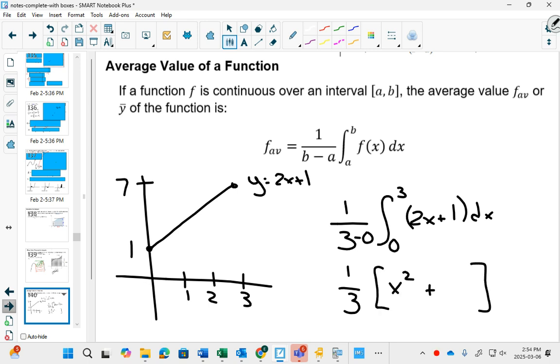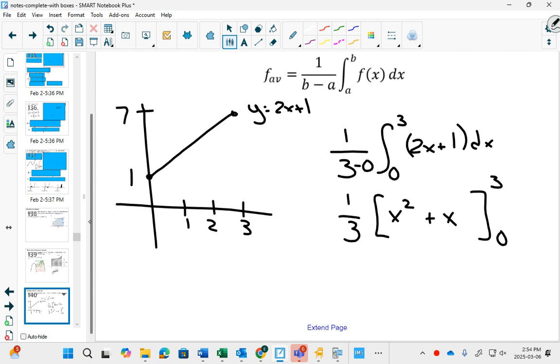This will be x squared plus x from 0 to 3. If I plug in 3, and plug in 0, again, it's really nice. 9 plus 3 is 12, 1/3 of 12 is 4. Because it's going up at a constant rate, it makes sense that the average is 4.